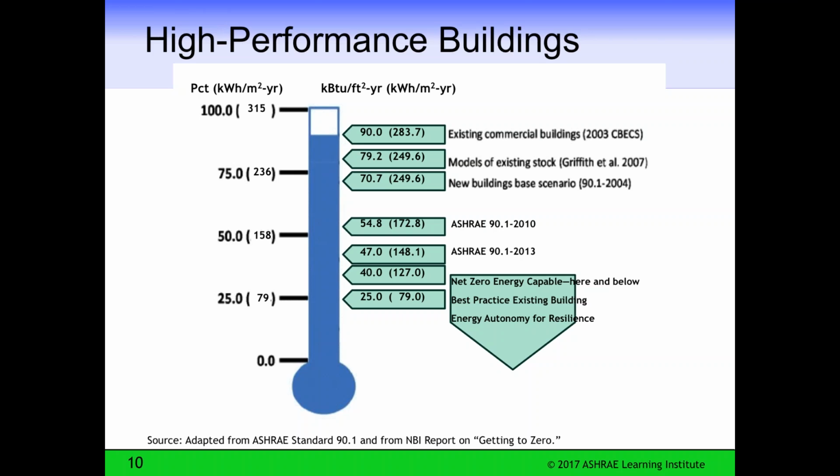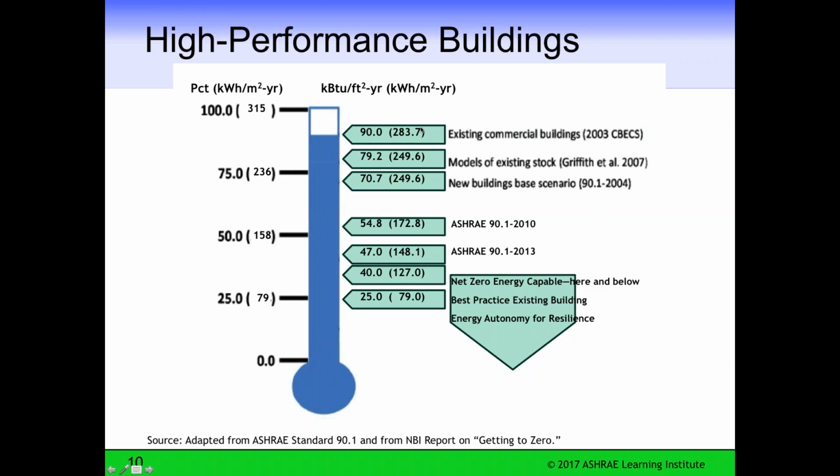High performance buildings. If you start from that chart we just showed you, existing commercial buildings from the Commercial Building Energy Conservation Service 2003 data, the average building across the country, the actual consumption was 90,000 BTUs per square foot per year, or 284 kWh per meter square per year.